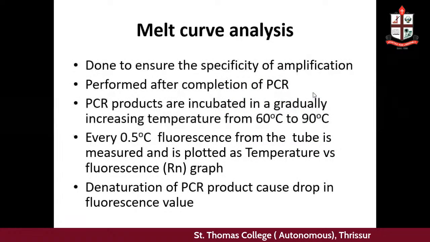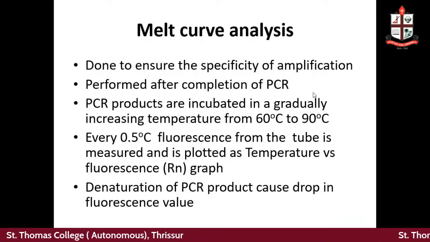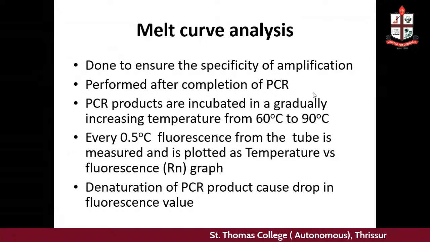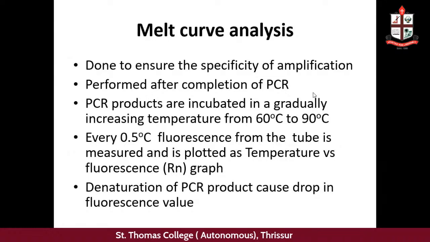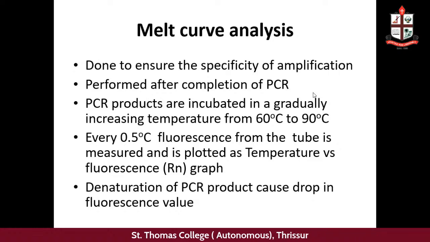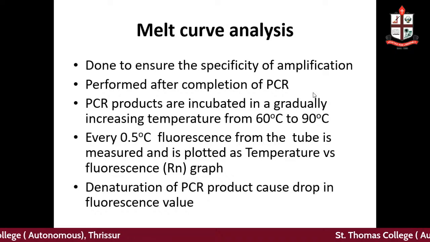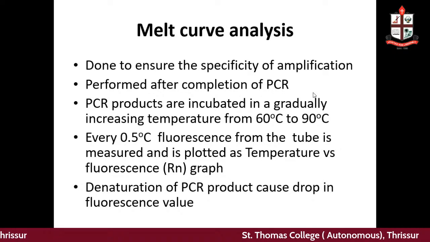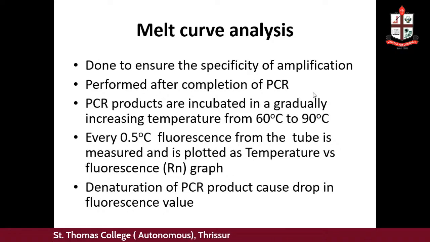Before that, using the real-time machine, there is one more analysis, that is Mel Curve analysis, and this is done after the PCR. Just like after PCR we check the PCR products by agarose gel electrophoresis, in real-time PCR also you can do that, but here there is one more analysis called Mel Curve analysis, which helps us identify whether there are non-specific amplifications or primer dimers present in your PCR product.